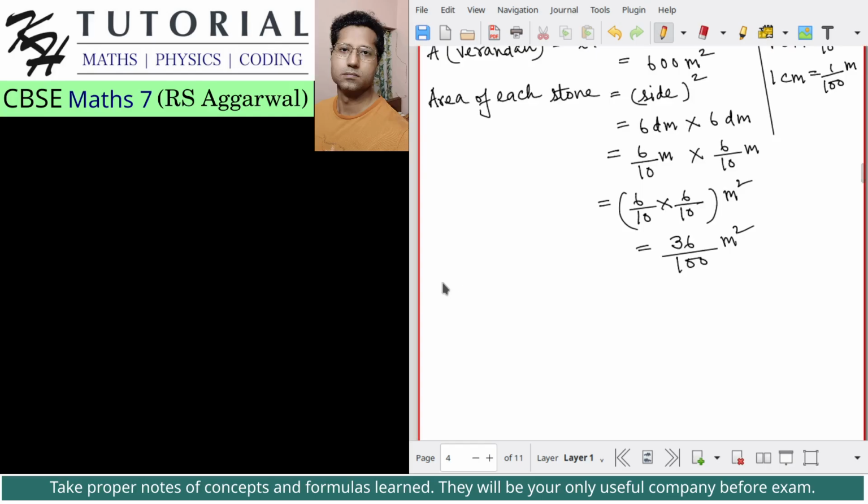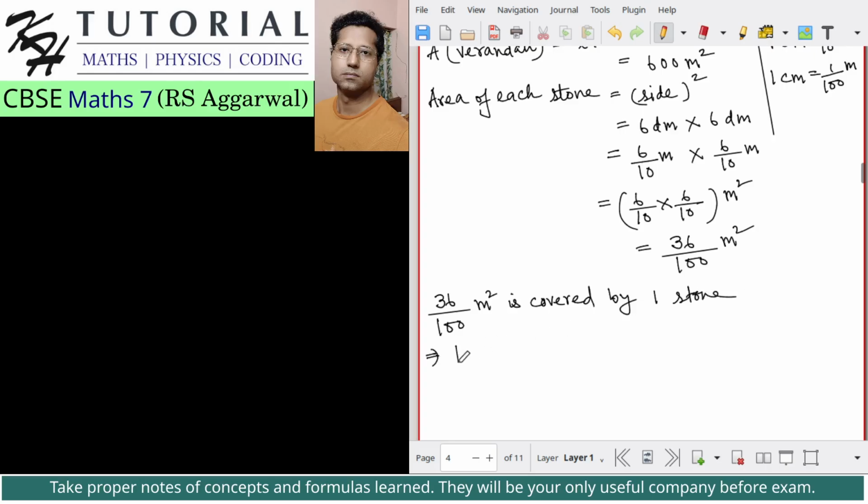Based on the fact that the area of each stone is 36 by 100 meter square, I can say that 36 by 100 meter square is covered by one stone.